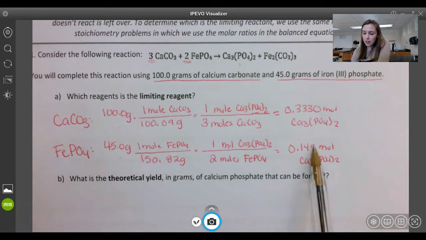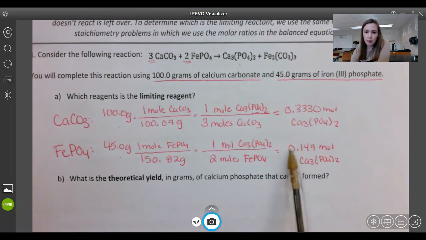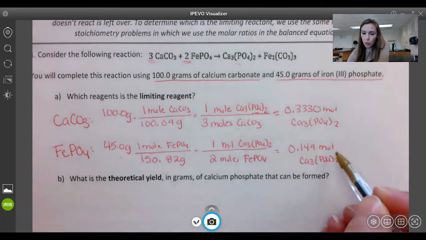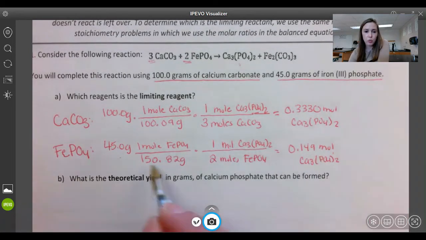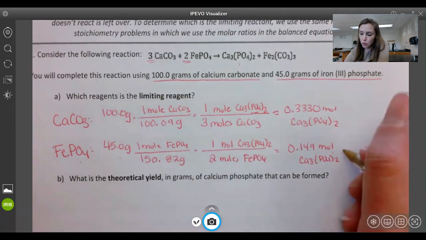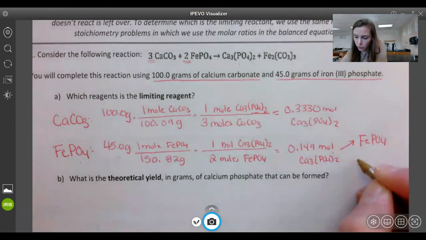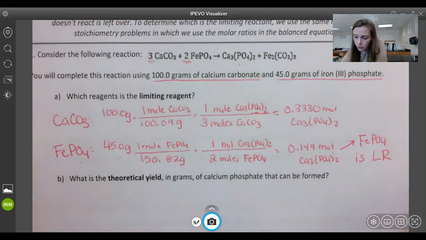You need to think about the fact that if iron 3 phosphate can only make this amount of moles, that means that it's then completely consumed, and then there's no more that the calcium carbonate can react with. So the lower amount tells you which one is your limiting. So what this tells me is that FePO4 is the limiting reactant.